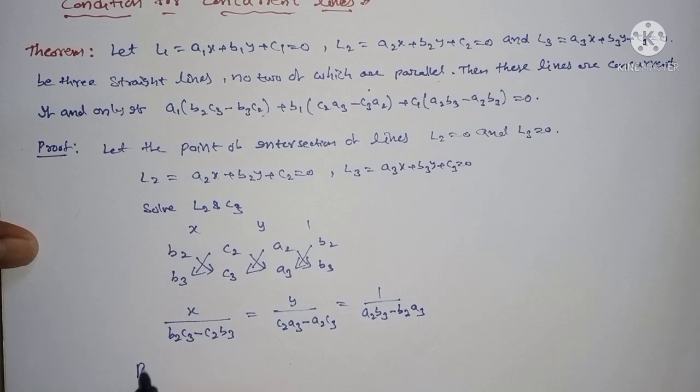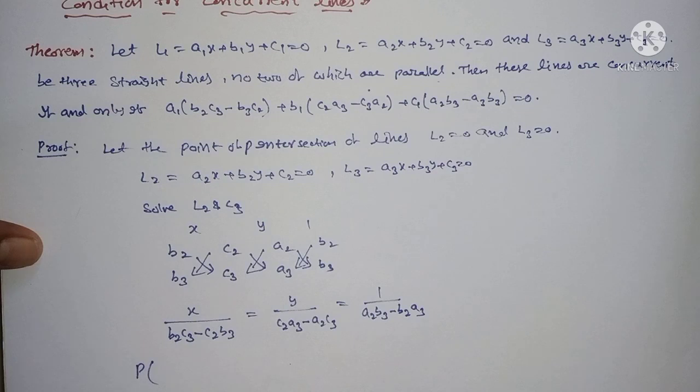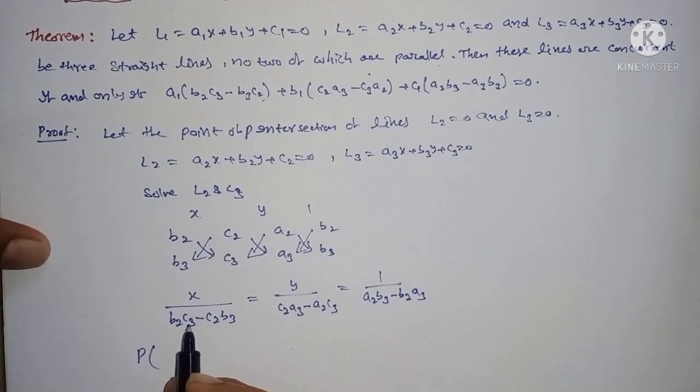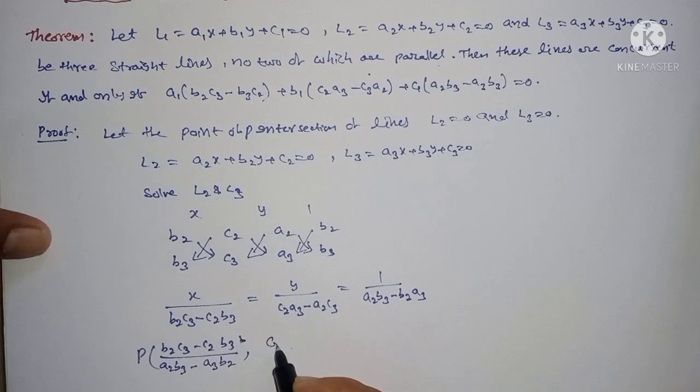Intersecting point P, x is equal to b2 c3 minus c2 b3 by a2 b3 minus a3 b2, comma, c2 a3 minus a2 c3 by a2 b3 minus a3 b2.